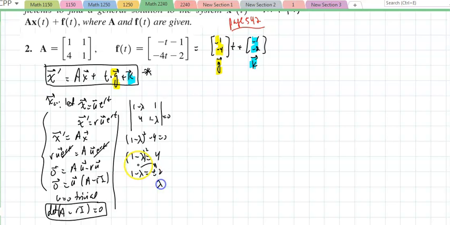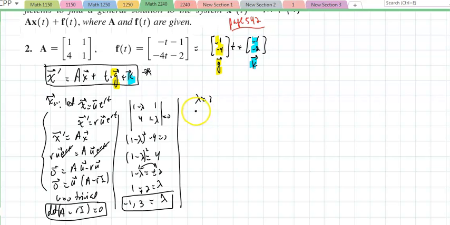Swap those. 1 minus plus 2. So lambda equals a negative 1 or a 3. And the traditional, again a bit lengthy, lambda equals 3. We would solve [-2, 1; 4, -2 | 0, 0]. And obviously multiply, so the bottom row zeros out.